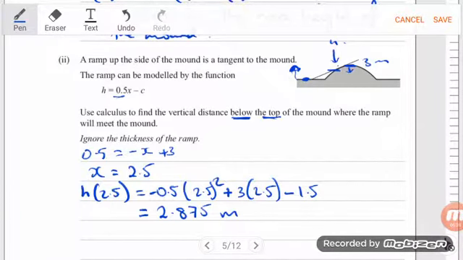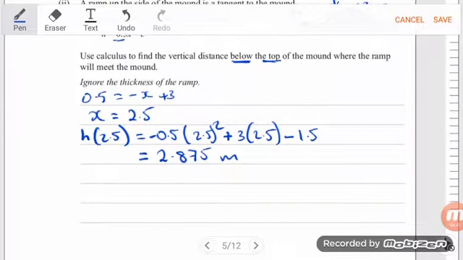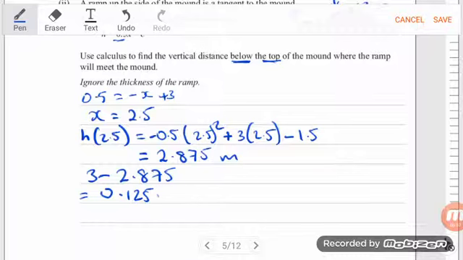So if we say 3 minus 2.875 should give us 0.125. Top of the mound.